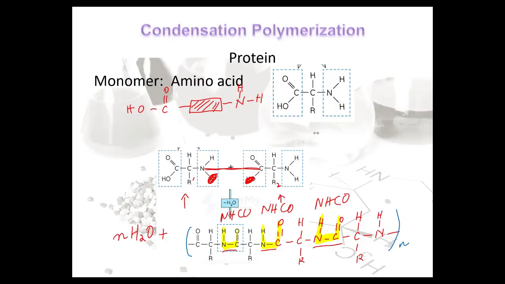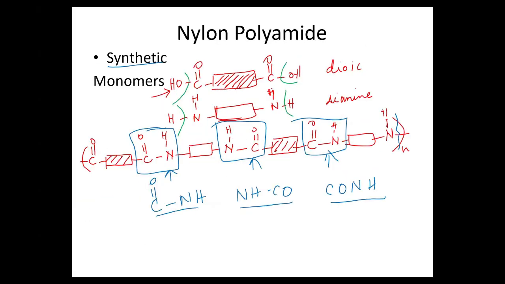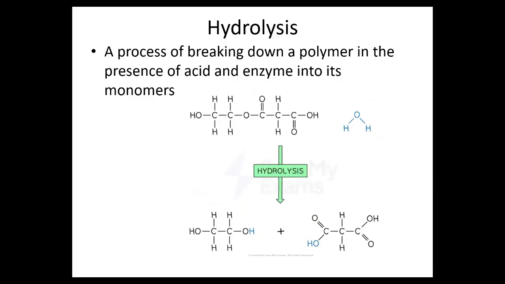Okay. All right. So, the last thing that you should know about the polymer is that natural polymers, only natural polymers, can be hydrolyzed. Hydrolyzed means break down. If I am saying a protein, protein was made up of what? Amino acids.